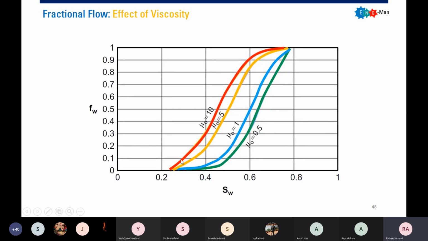Like this one, you will have high water cut faster compared to if you have low oil viscosity. Okay, that's one thing. The oil viscosity influences our fractional flow, influences ultimately our displacement efficiency.